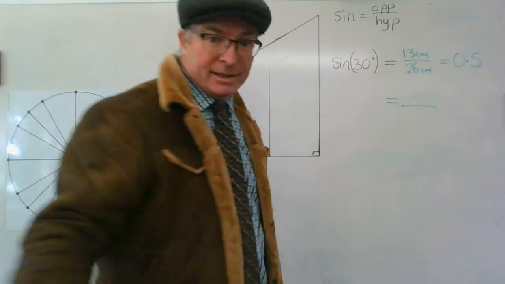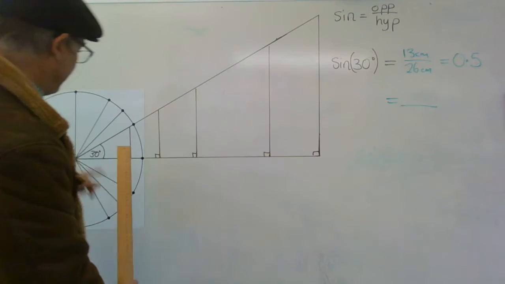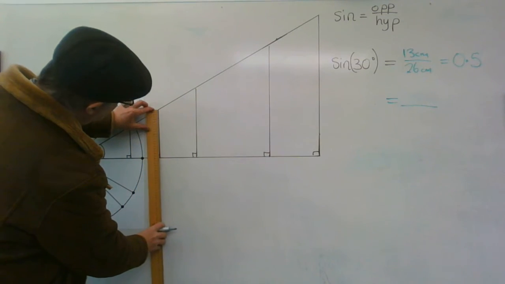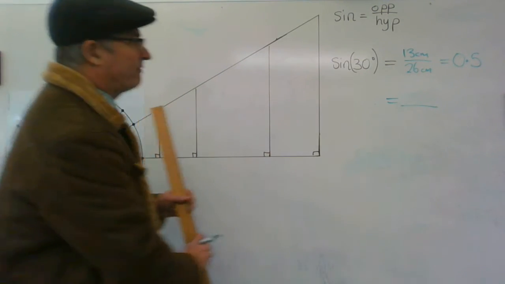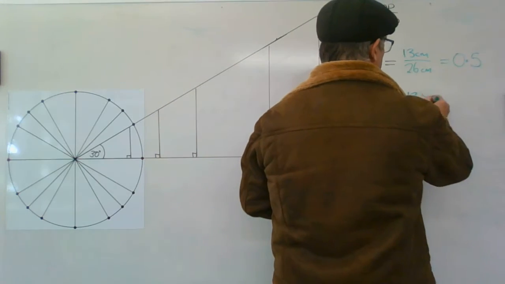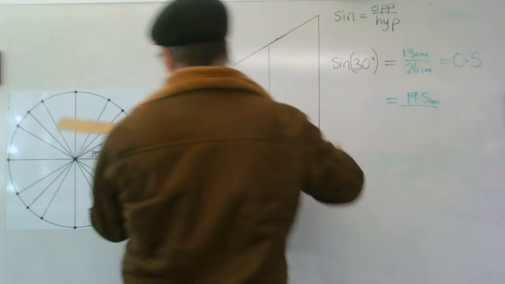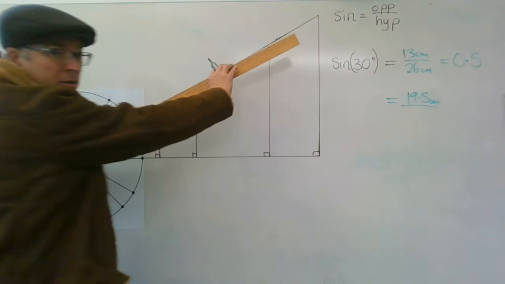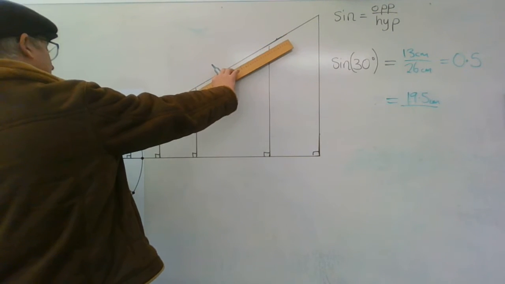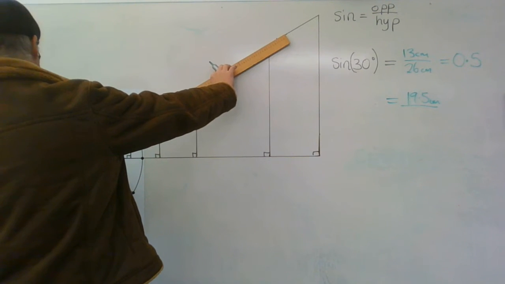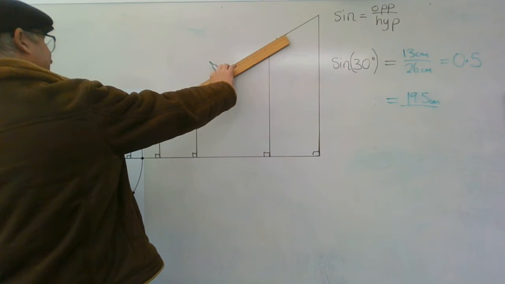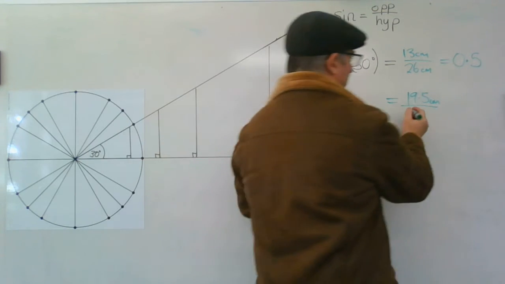Let's go back and do the opposite side for this one. That is 19.5. Now, the hypotenuse for this one is 39-ish.